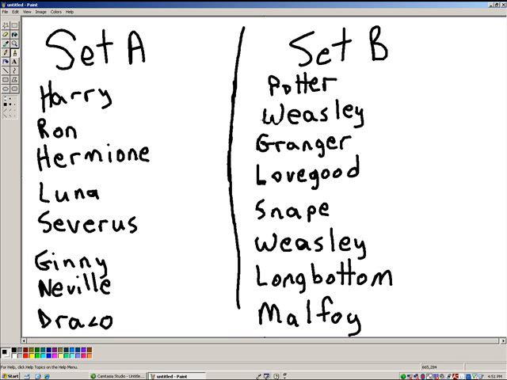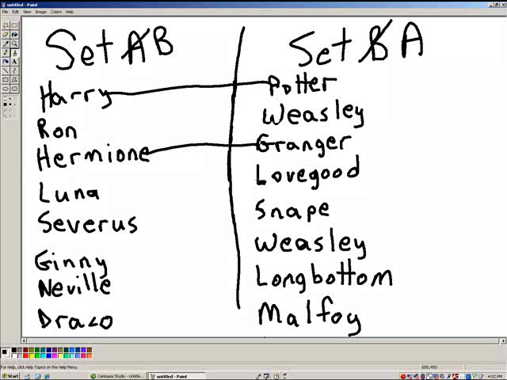If we're asking for last names, whose last name is Potter, we still have one and only one person, that's Harry. Whose last name is Granger? There's only one person, Hermione. Whose last name is Lovegood? Luna. Whose last name is Snape? Severus.